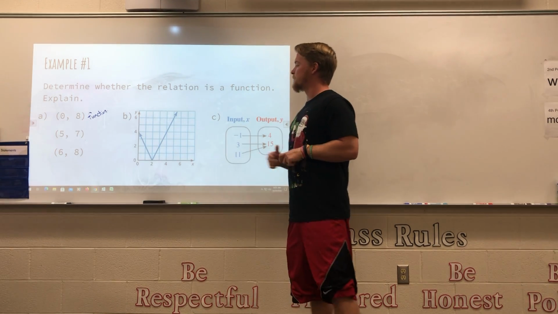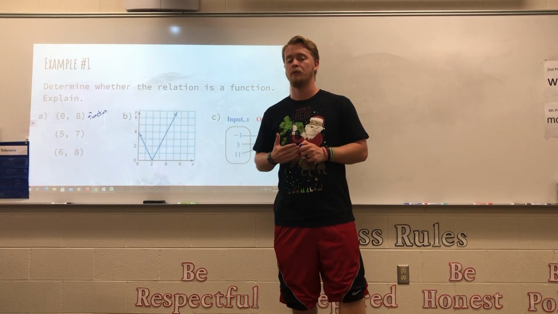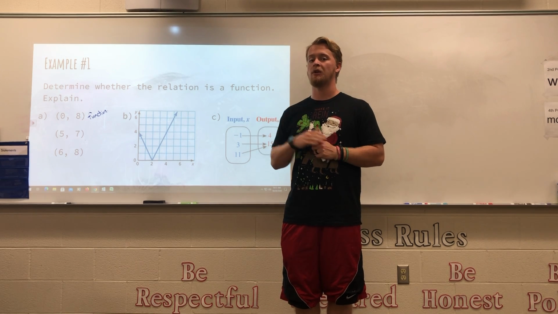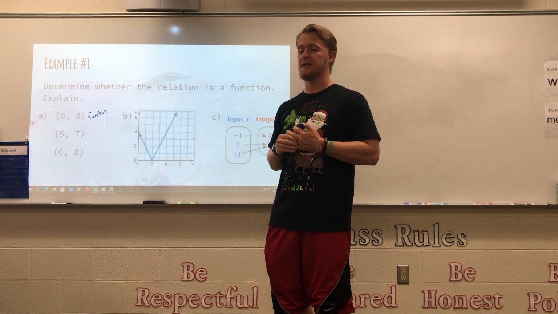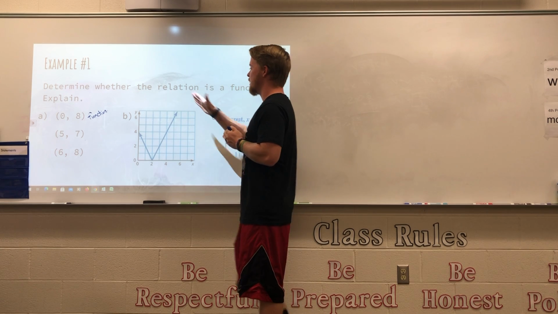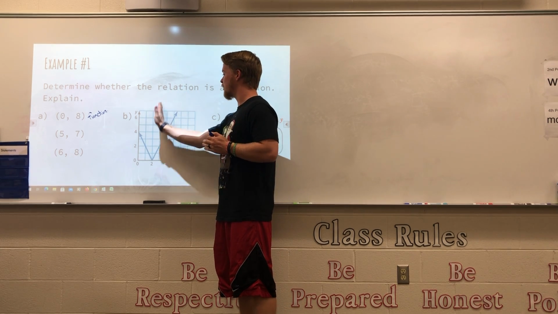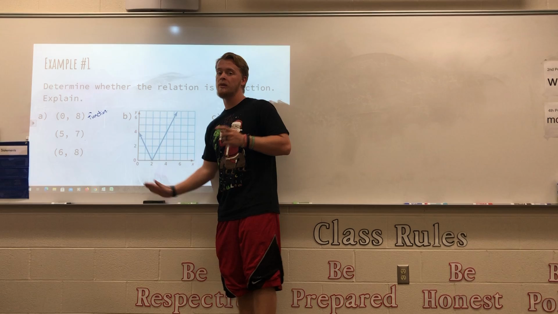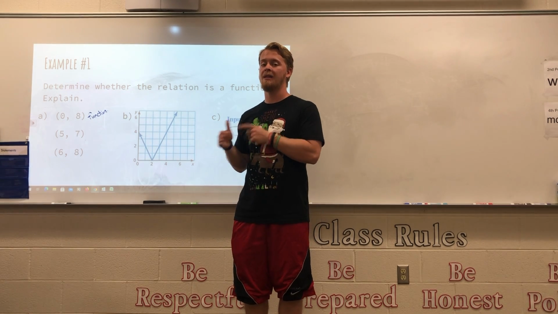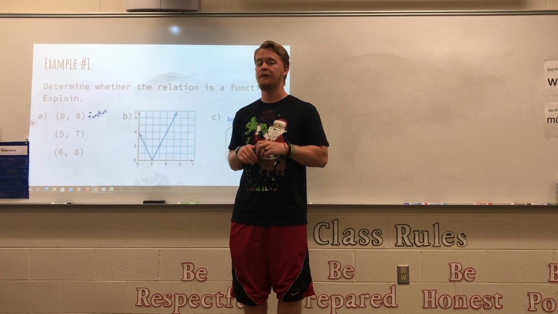Then we look at B. Again, with a graph, remember, to tell if something is a function or not, you can use the vertical line test. The vertical line test means that no matter where you make a vertical line, if it crosses through more than one point on the graph, then it is not a function.